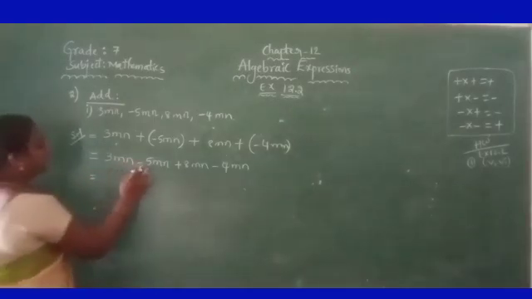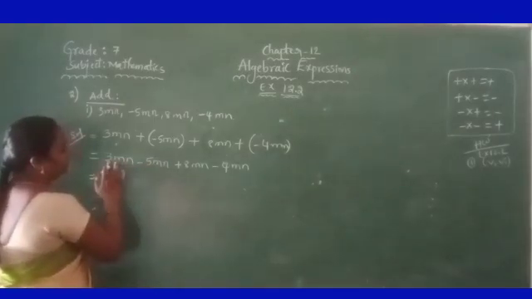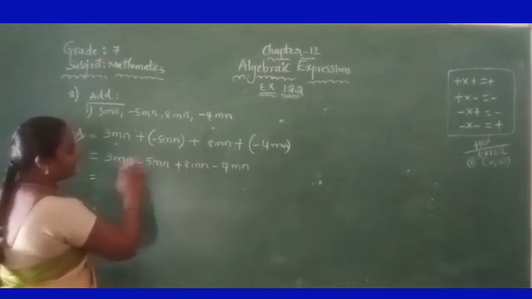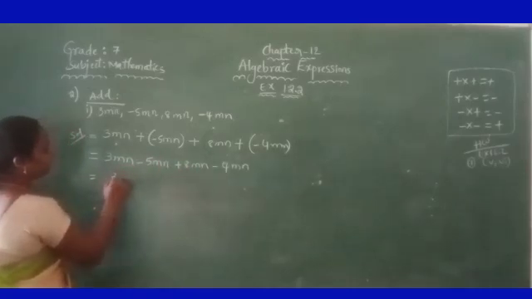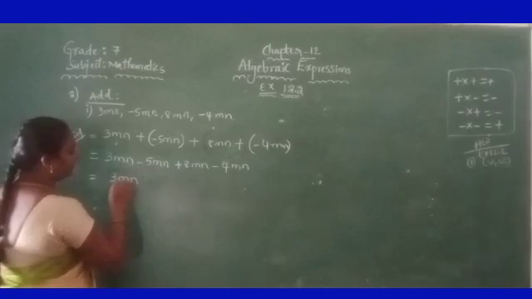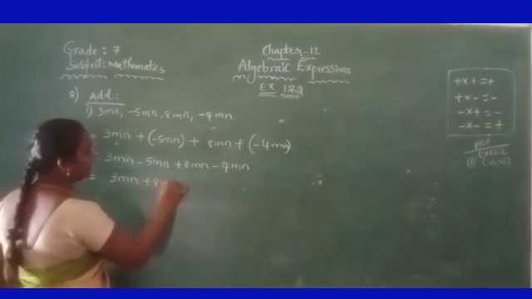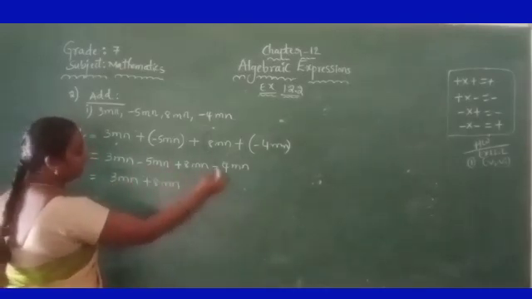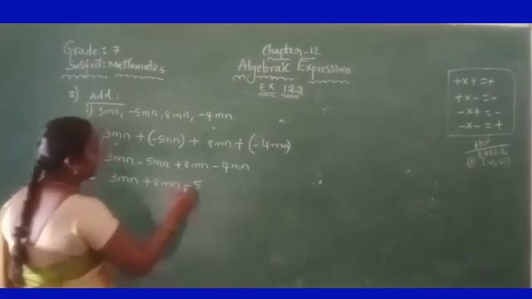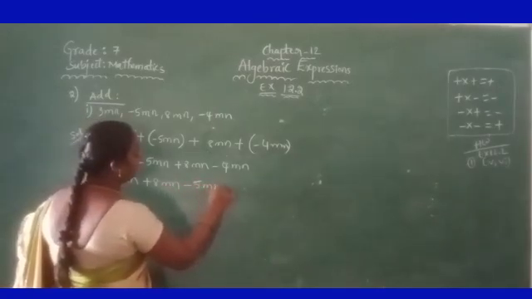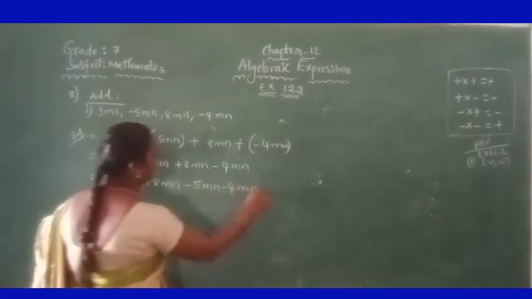See 3 minus 5. So here how many plus like terms are there? 2. So write that one: plus 3mn plus 8mn. Next minus, write once at one place, that is minus 5mn minus 4mn.